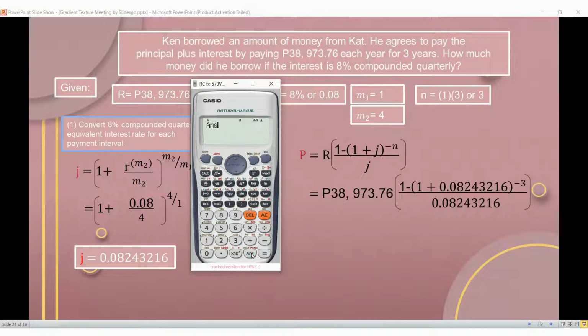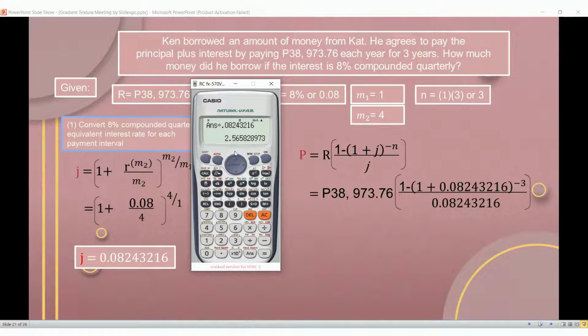So, copy natin yung answer. Then, i-minus natin sa 1 yung ating answer kanina nakuha. So, ito na yung sagot. Then, pag nakuha natin sagot, i-divide natin siya sa ating denominator or sa J, which is 0.0824.